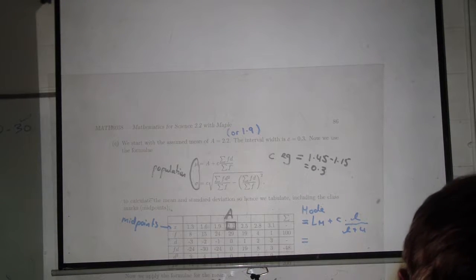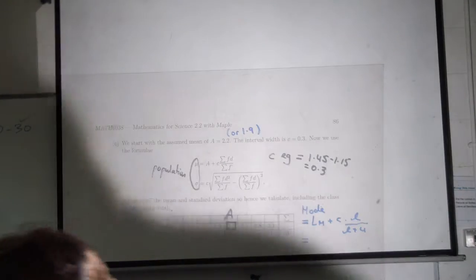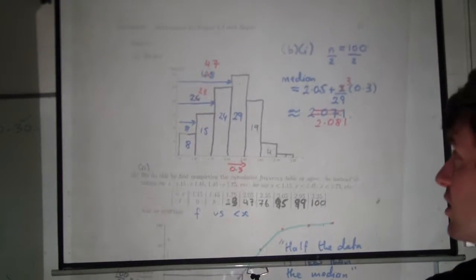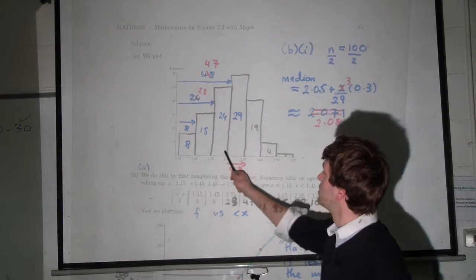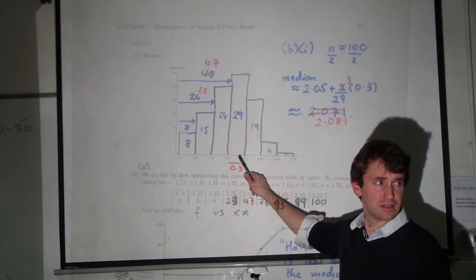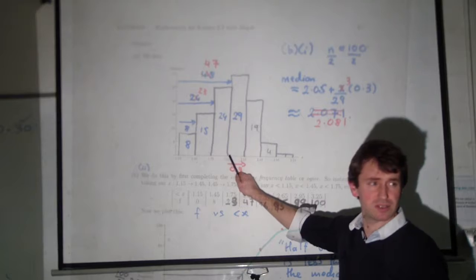Small l is just the difference in heights here, and U is the difference in heights there. So Lm is, you're going to think it's in here, and you're going to start with this and add on a little bit. So the Lm is the 2.05.